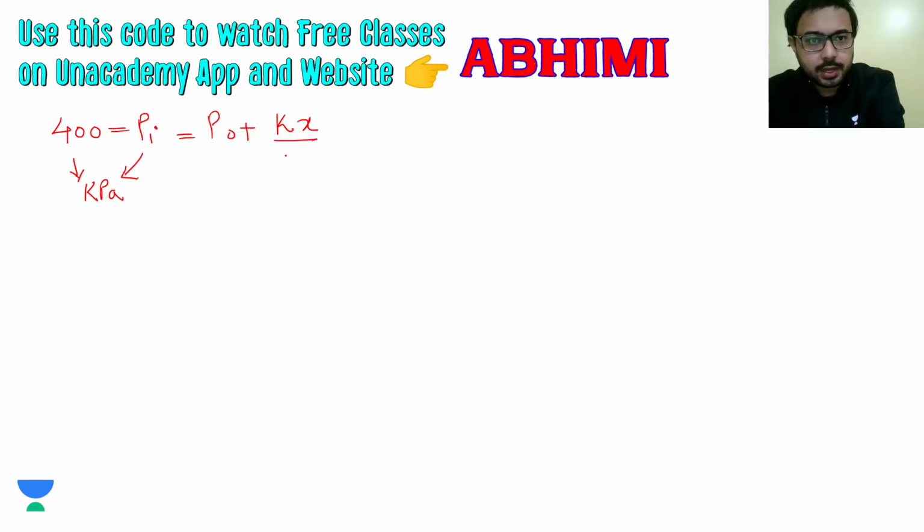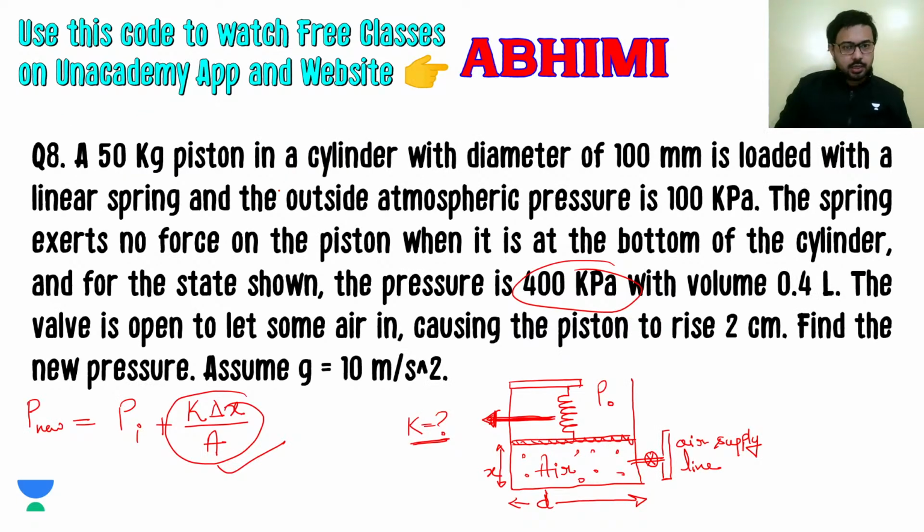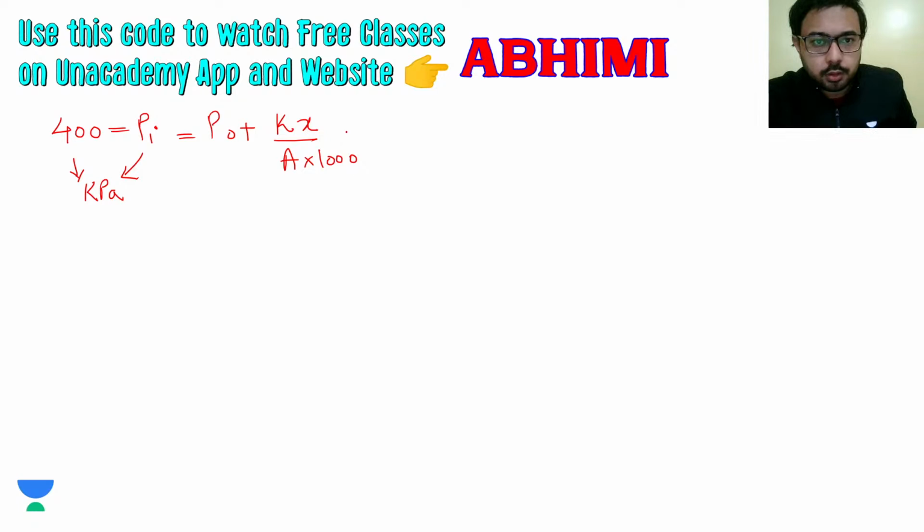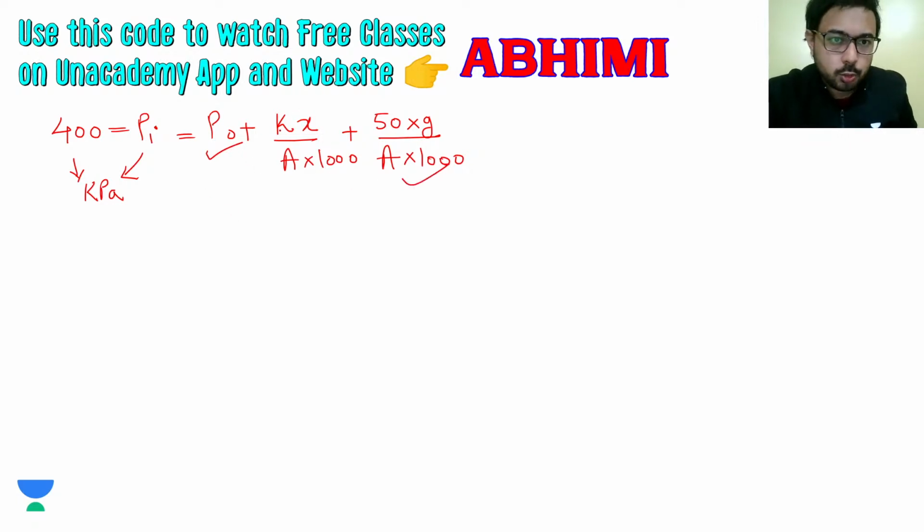We multiply by 1000 because we have to get this in kilopascal. And we also have the mass of the piston, which will give us some extra pressure, so we will include that also. So from here this value will be known, and we can calculate this K.